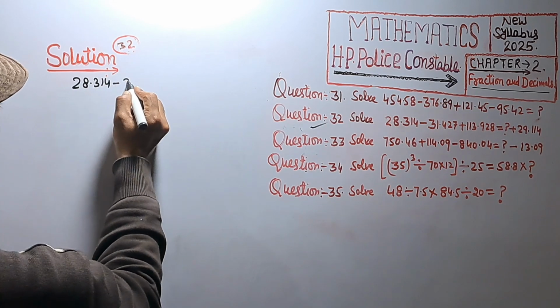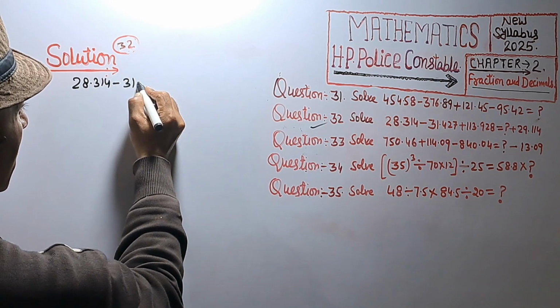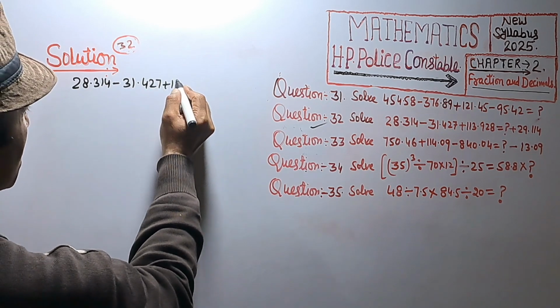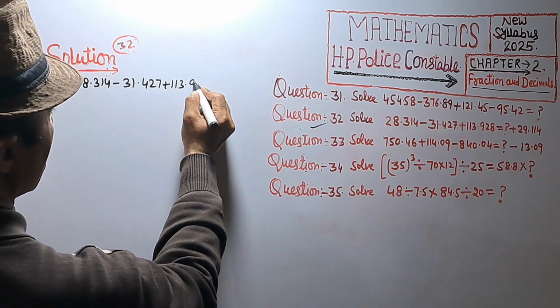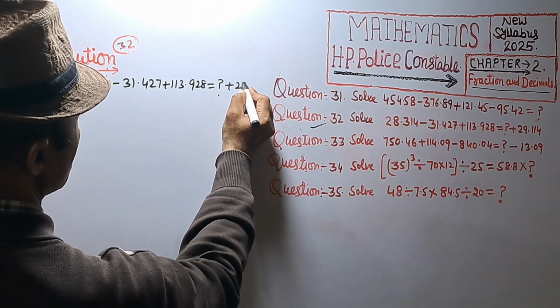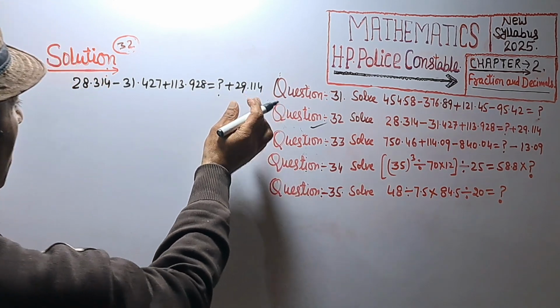28.314 minus 31.427 plus 113.928 equal to sign of interrogation plus 29.114.